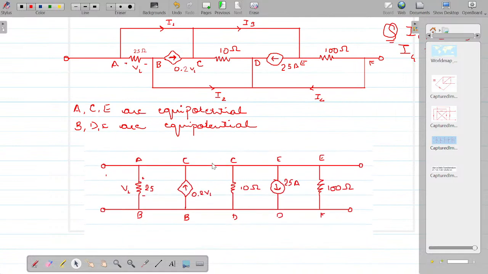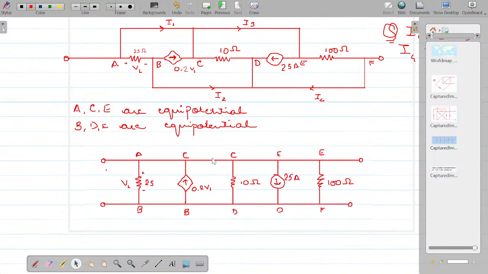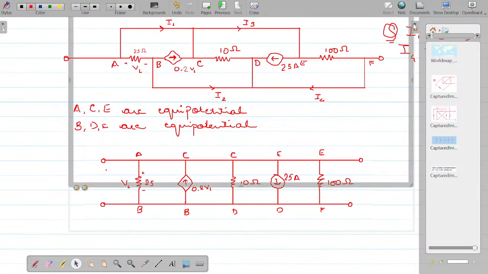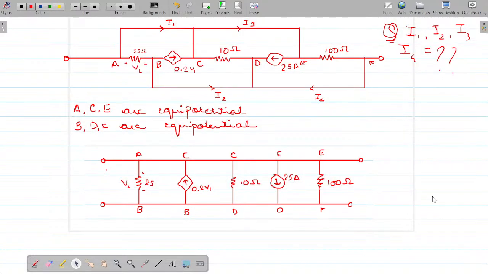I'll tell you one by one, so just focus on what I'm talking. Just see if this figure and this figure are equivalent. From whatever I've discussed so far, we did deduce that A, C and E are equipotential points.